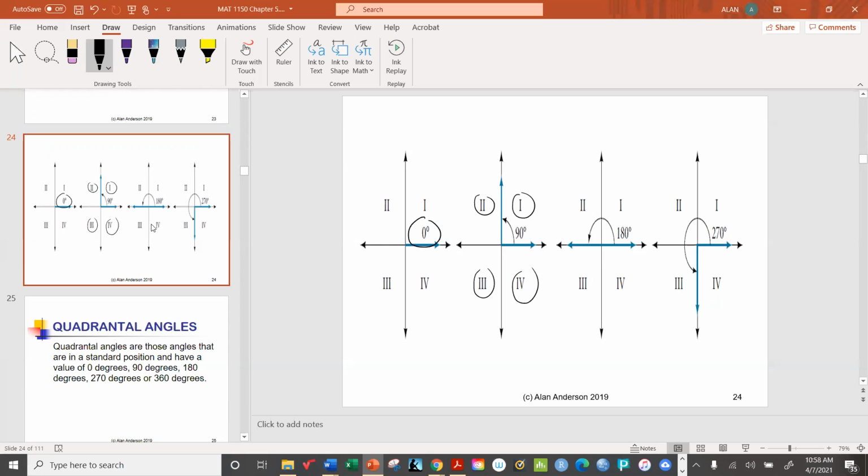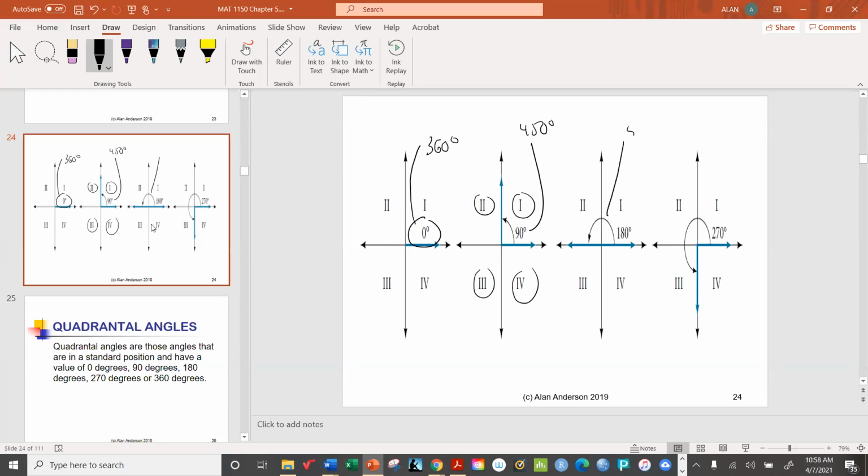180 means you've gone through two quadrants. 270 means you come all the way down through the three quadrants. And then if you go all the way around, 0 and 360 actually mean the same thing. And that implies that this one could also be thought of as 450, because it means you've gone all the way around once plus one more quadrant.